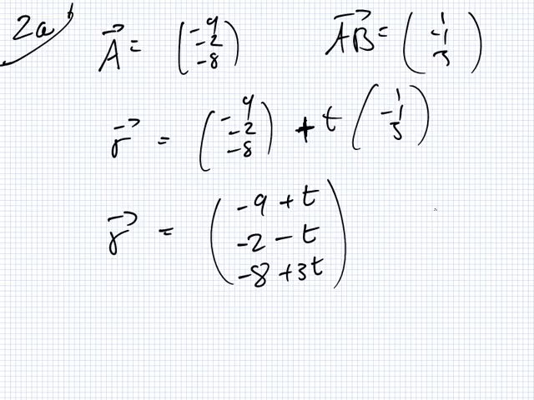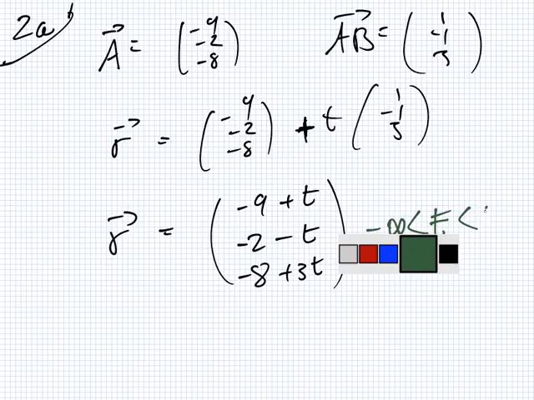And the T goes from minus infinity to infinity. So for example, if the T is 0, what point do I get?